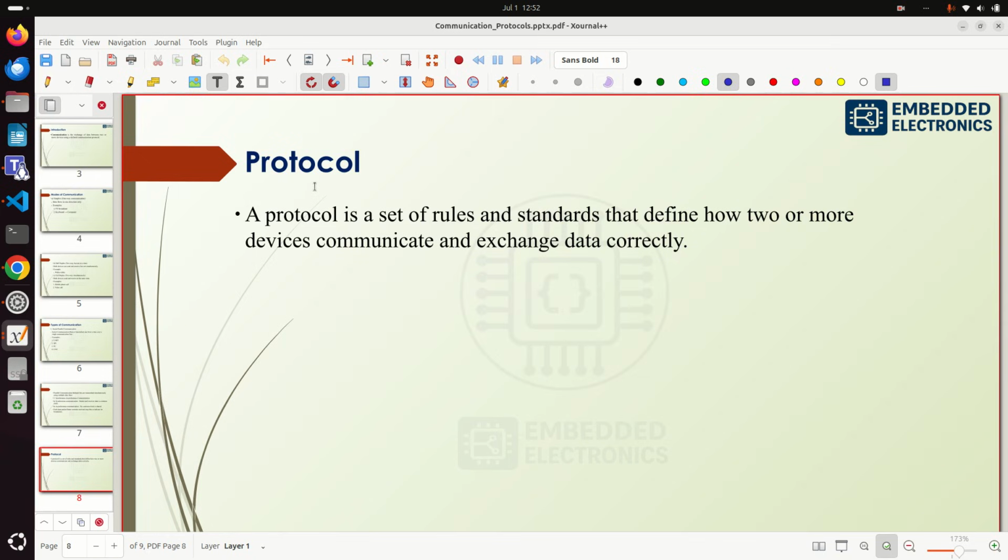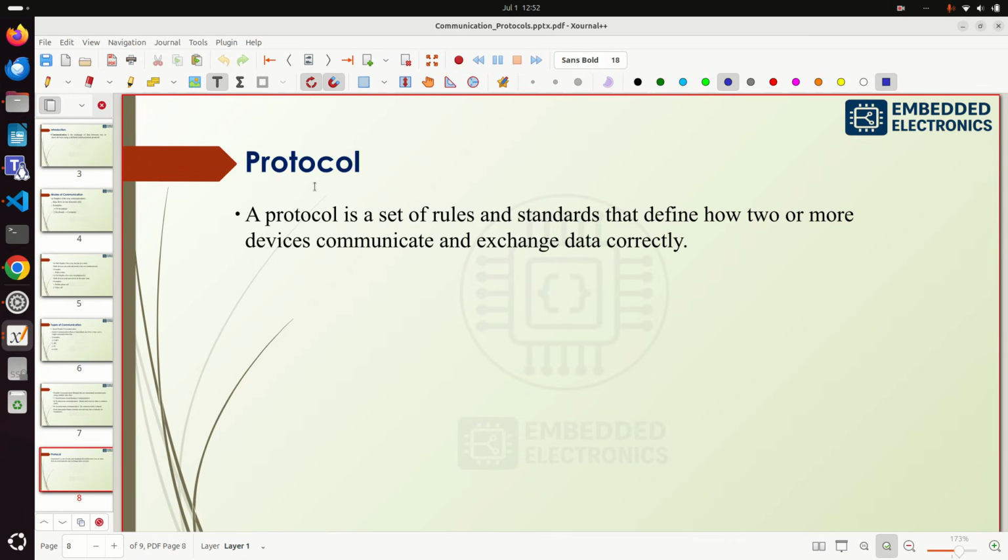Then what will happen? Some vehicles drive on the left, others drive on the right, some ignore red lights. There would be accidents and confusion. So traffic rules are the protocol which everyone follows, isn't it? Like that, here also we have some protocol.